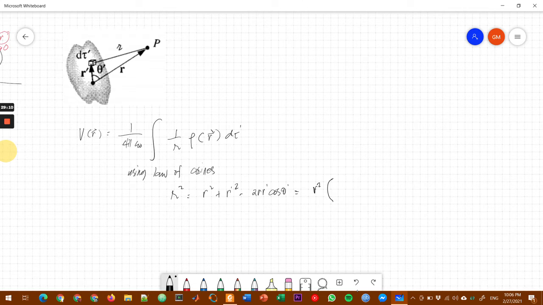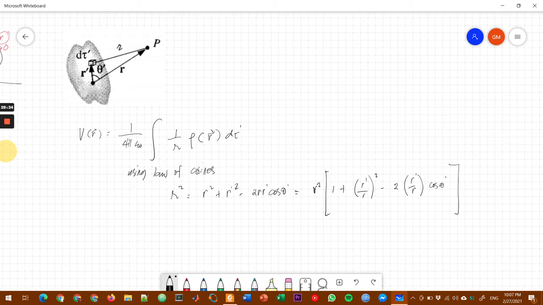So we have r squared times 1 plus r prime over r squared minus 2 r prime over r cosine theta prime. I hope you followed.